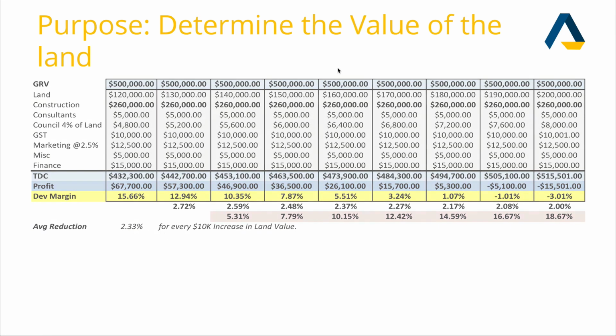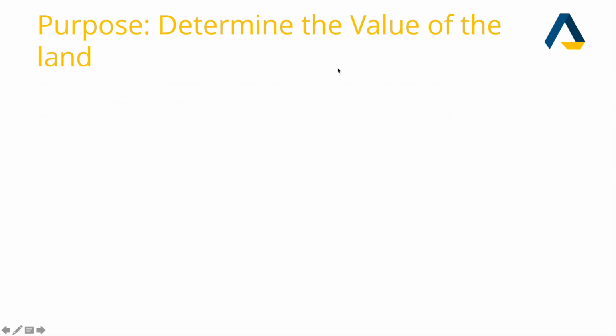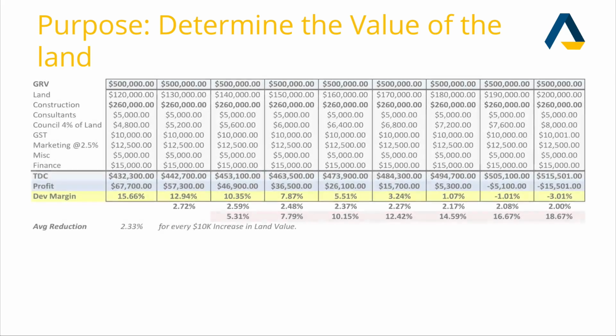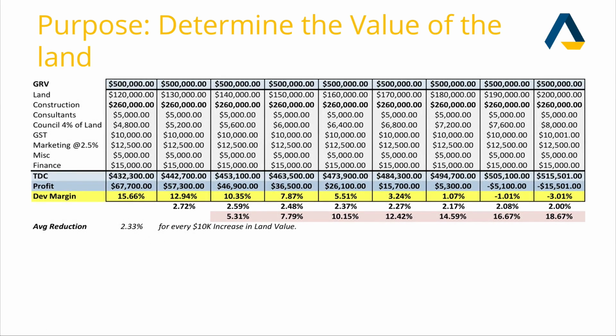Now we look at the same example from a different perspective. So let's look at it this way. Every time you end up paying $10,000 more, we know that it averaged out about 2.33% in our example previously.